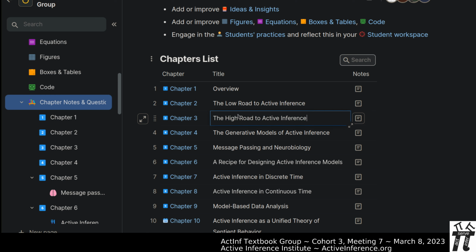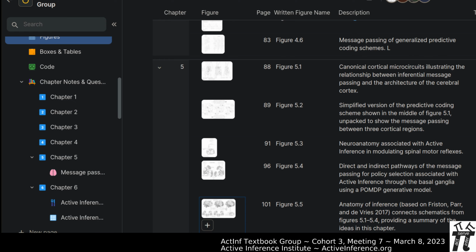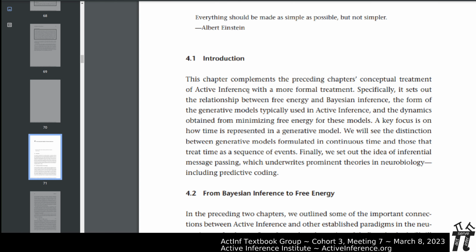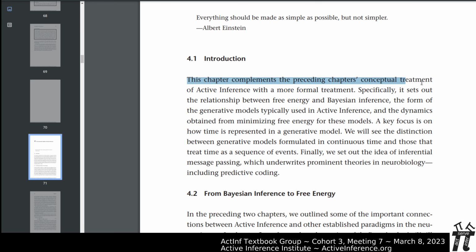And then we talked about it from the high road perspective, this imperative for self-organization and persistence, which doesn't have to be implemented with Bayesian statistics. These two roads come together in the generative models that we construct in active inference, which use the Bayesian statistics and implement a Bayesian mechanics. Chapter 4 complements the previous conceptual treatments with a more formal treatment.